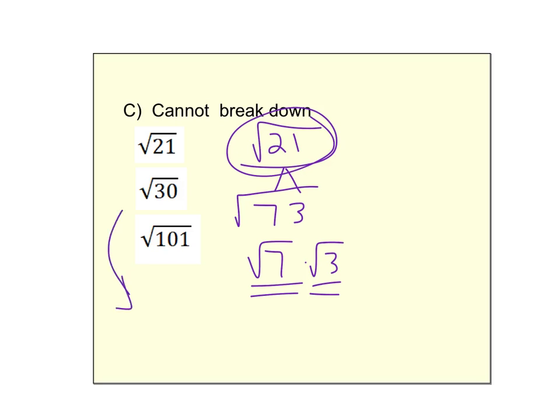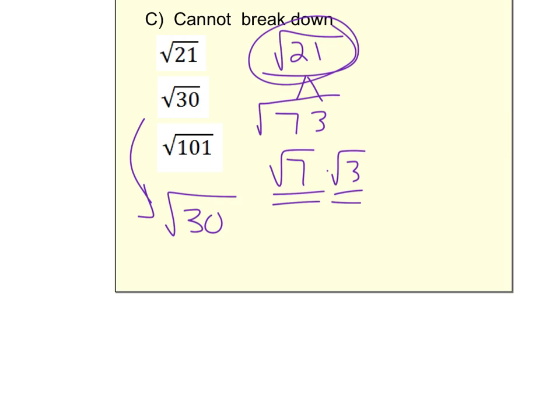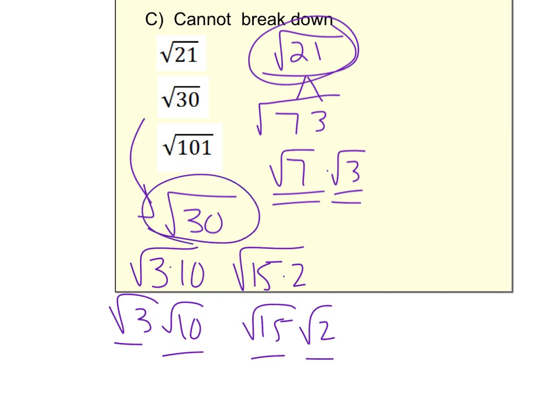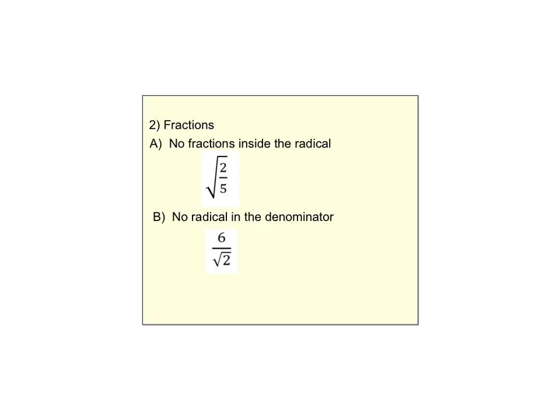All right, likewise for the square root of 30, even if you start playing around with all the different factors, you would have 3 and 10, so square root of 3, square root of 10. You could also do 15 and 2, square root of 15, square root of 2. None of those work. There's no perfect squares there, so square root of 30 is as simple as you can get. Square root of 101 is similar. You can't break those down into anything that would possibly have a perfect square.